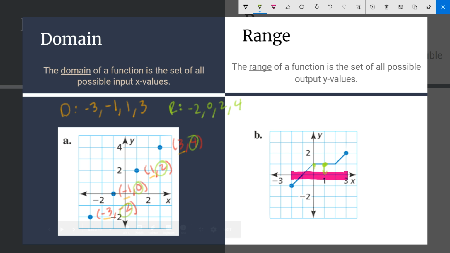There's a point right here that has an x that's 0. There's a point right here that has an x that's like -1/2. Okay? So over this shaded pink region, there are coordinate points that have those x values.